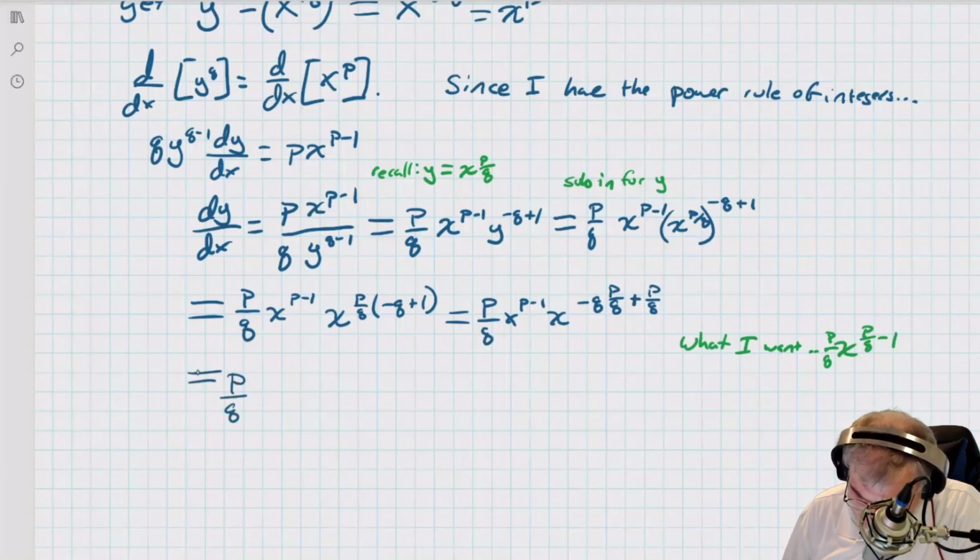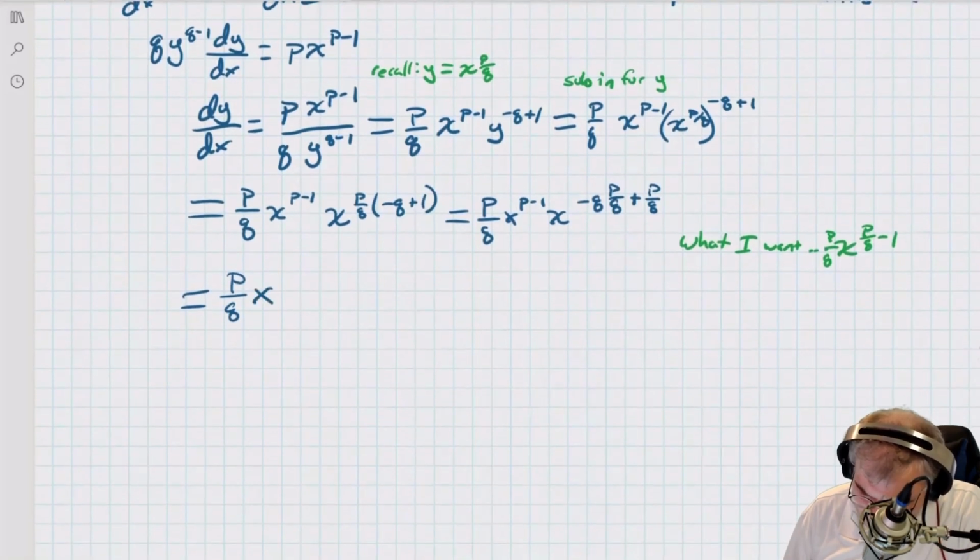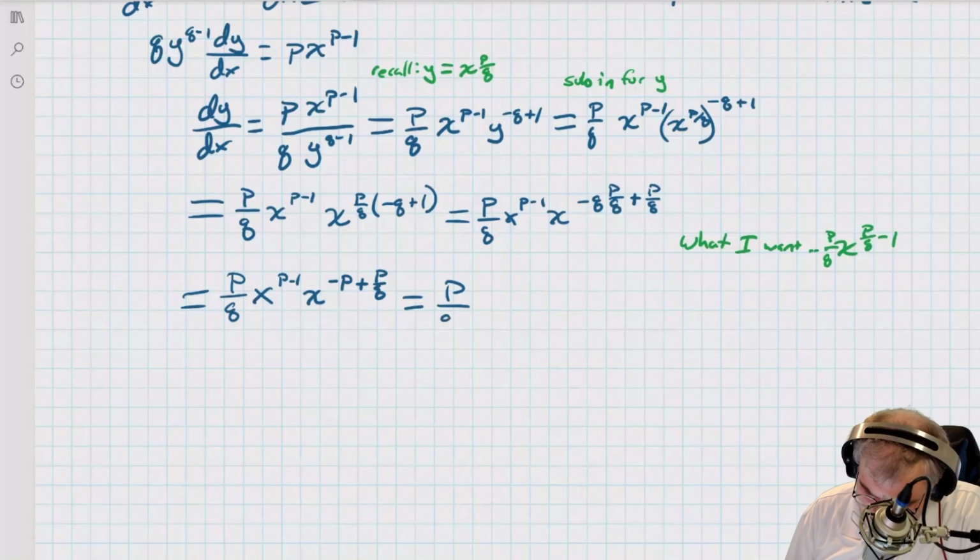Oops, that equal sign is way too high. Equals p over q, x to the p minus 1, x to the negative p plus p over q. And that is going to equal this.